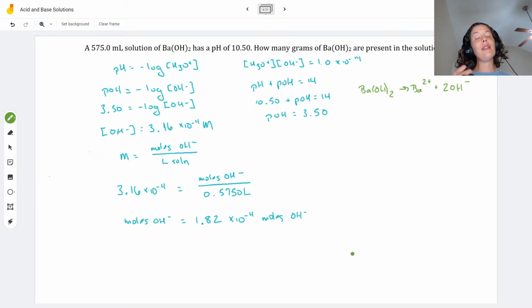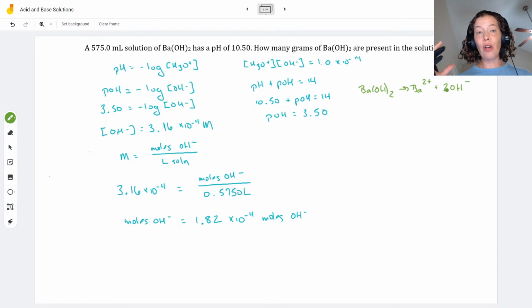So there is some extra stoichiometry to do. This isn't the case like sodium hydroxide or hydrochloric acid where everything is 1-to-1 and you can just say, oh, I've calculated my number of moles of hydroxide and it is my moles of base. Nope, this is not the case for barium hydroxide because we have a 1-to-2 or a 2-to-1 stoichiometric ratio.